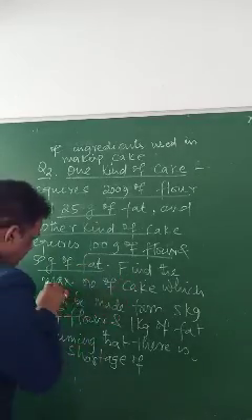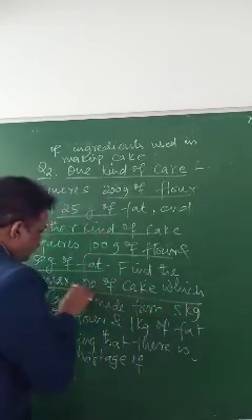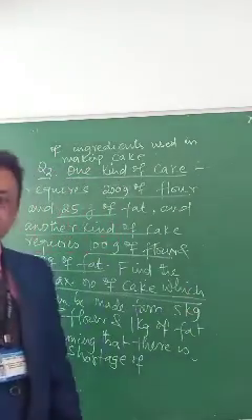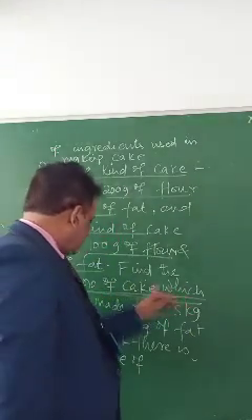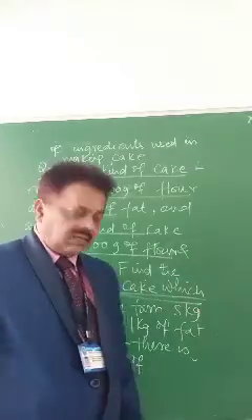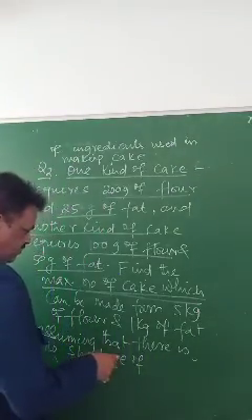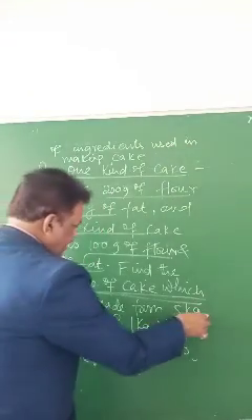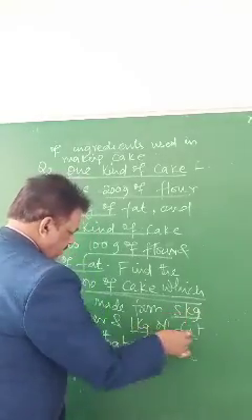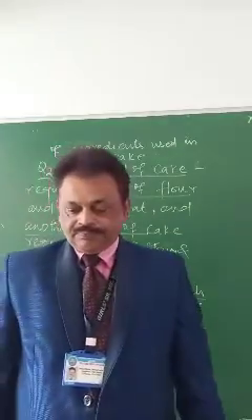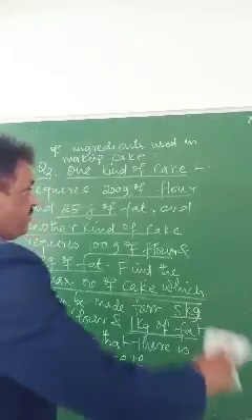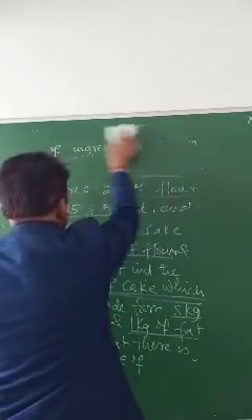Find the maximum number of cakes. This has to be maximized, so this is your objective function. The total quantity is 5 kg of flour and 1 kg of fat. The mathematical formulation is required here.